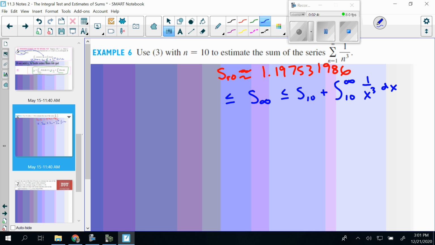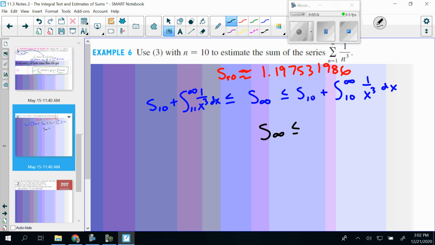So it's going to be our same s of 10, plus the integral from 11 to infinity of 1 over x cubed dx. Previously we found the antiderivative of this.